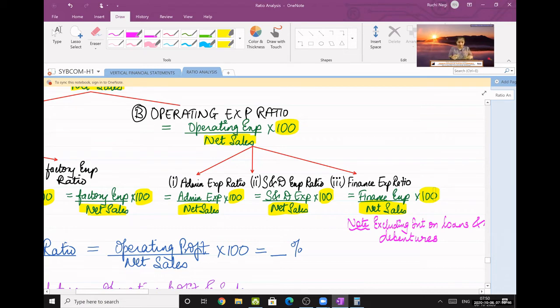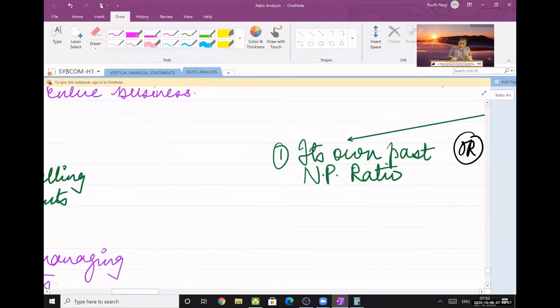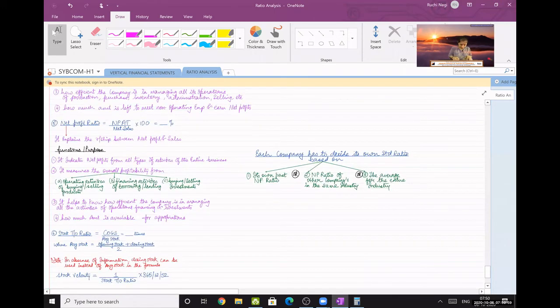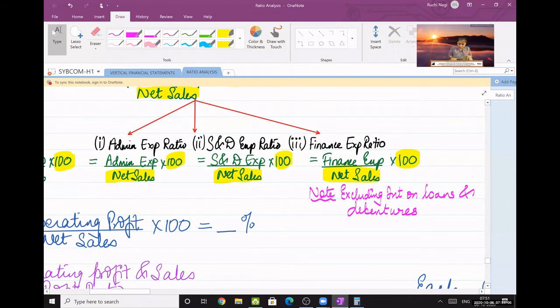So if I'm calculating admin expense, my numerator will be admin expense. Selling to selling. Finance to finance. And here, just remember financial expenses. When I was doing vertical revenue statements with you, I had made it very clear that when you are calculating financial expenses, you will not include interest on loans and debentures.